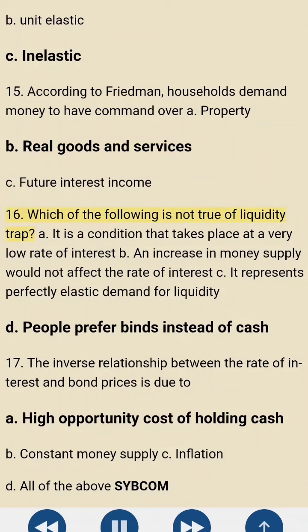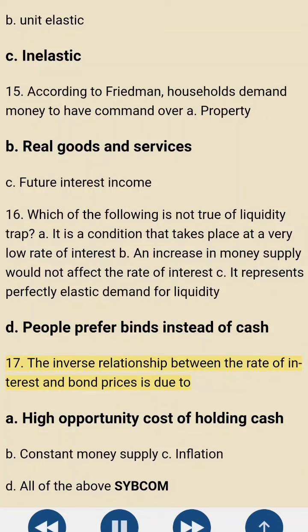Which of the following is not true of liquidity trap? A. It is a condition that takes place at a very low rate of interest. B. An increase in money supply would not affect the rate of interest. C. It represents perfectly elastic demand for liquidity. D. People prefer bonds instead of cash.